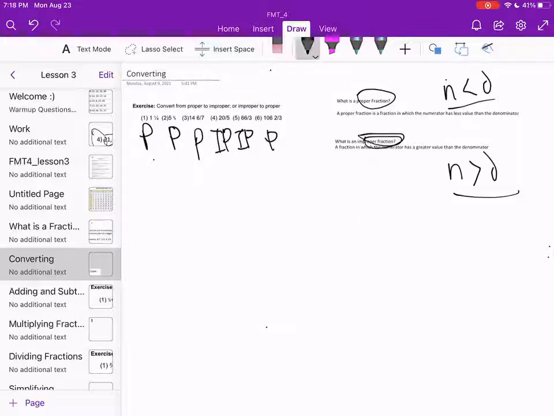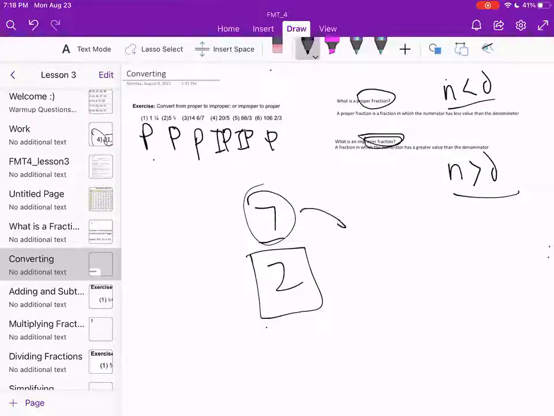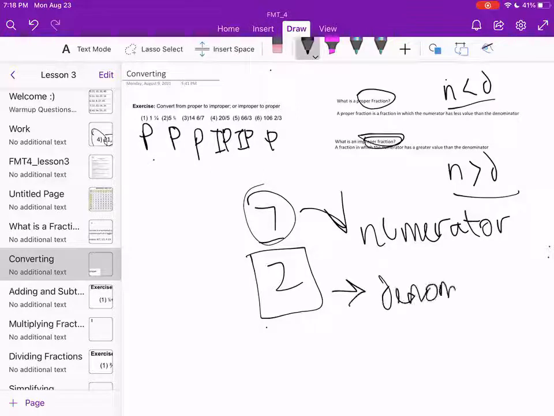So again, real quick, a fraction, look at these two parts. The circle right here is going to be called the numerator. The box right here is going to be called the denominator. Now, to convert from proper to improper fractions, you need to make sure that you can recognize whether this is a proper or an improper fraction.